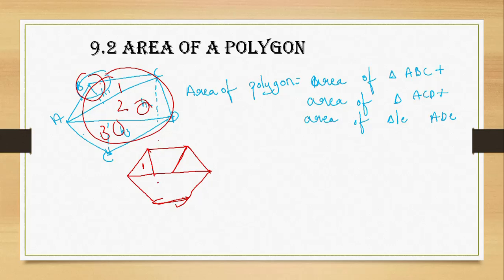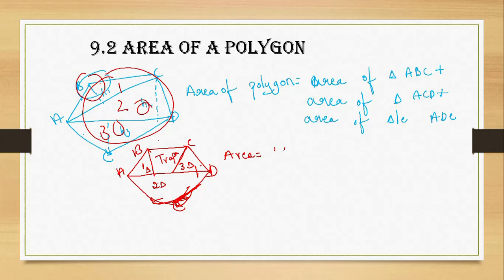This is the first triangle, second triangle, third triangle, and this is a trapezium. So here, with points A, B, C, D, E, join the line like this.